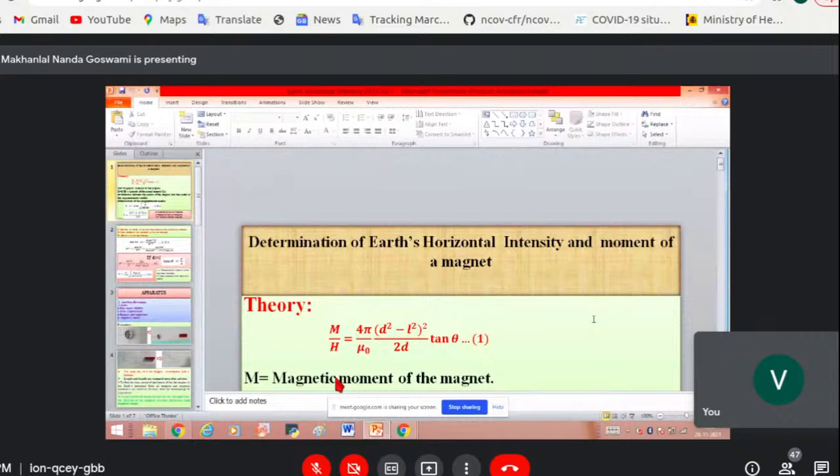So actually the experiment is determination of Earth's horizontal intensity and moment of a magnet. The purpose of this experiment is to measure the magnetic moment of a bar magnet and the horizontal component of the Earth's magnetic field.